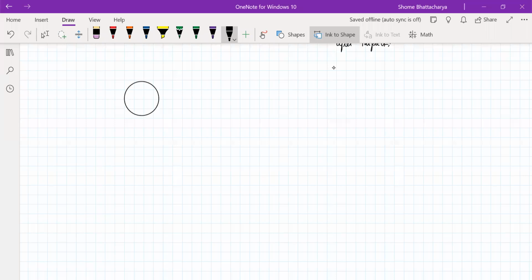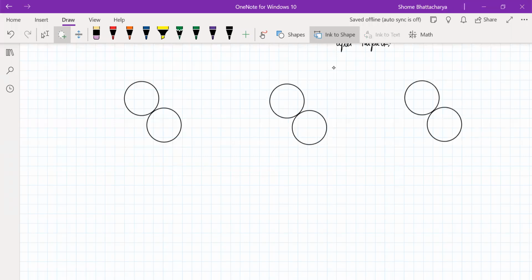Okay, so to understand the impact, we just do a comparison of these before impact, during impact, and after impact.